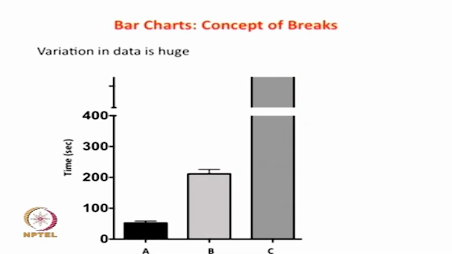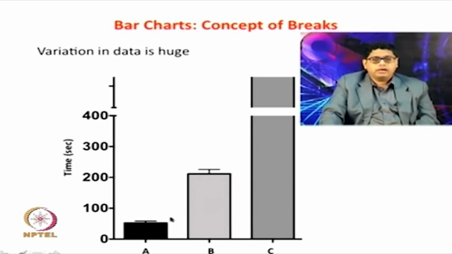So, what we do is when the variation in data is huge, as is in this particular plot, you have 3 categories A, B, C, where A value is around 50 and C is maybe even 600, right. So, what you can do is introduce something called a break. Okay. So, you want to show that there is significant difference between A and B. So, whatever is the range maximum of C, till there you can have a continuous axis in y, but after that you can introduce a break, right.